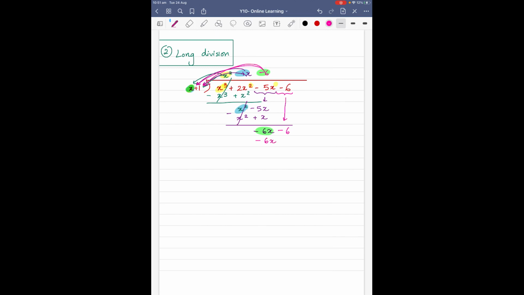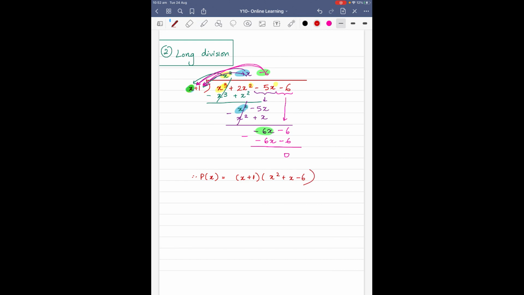Minus 6 times 1 gives you minus 6. Subtract it to find the remainder. We know it is 0. So therefore, the polynomial consists of this times this. Let's rewrite it. Therefore, P(x) is (x plus 1)(x squared plus x minus 6).